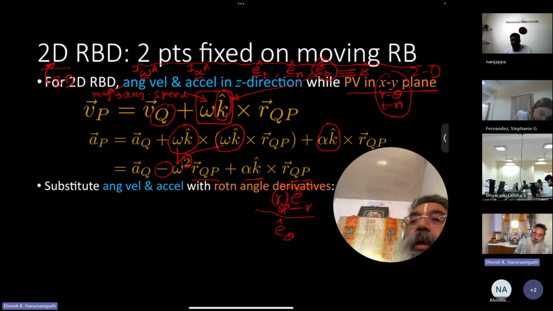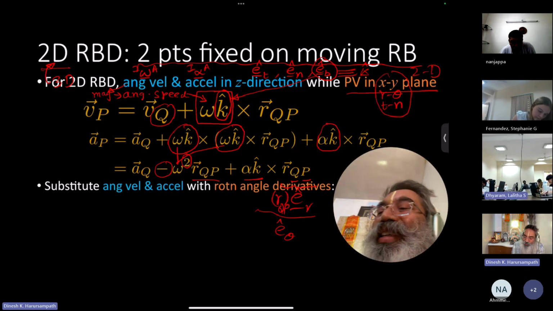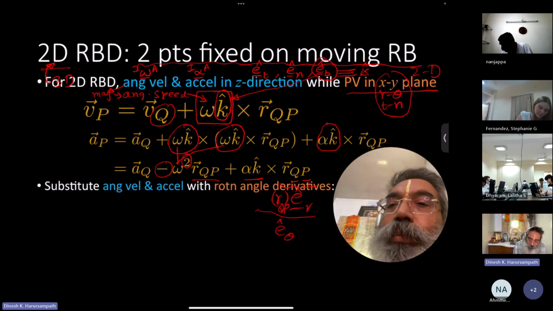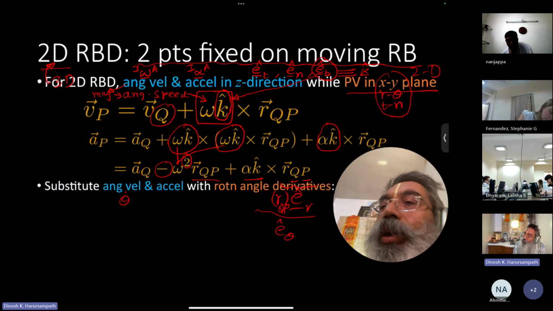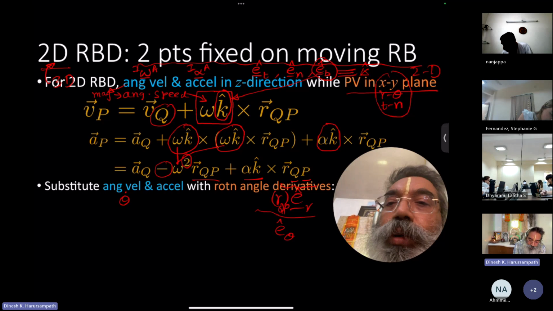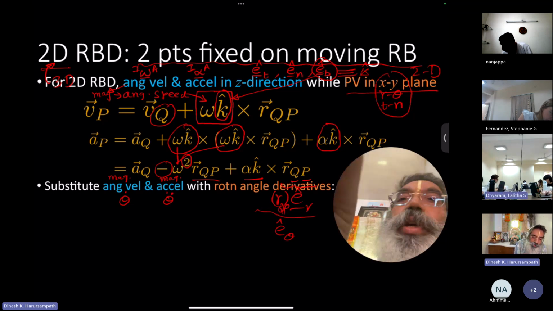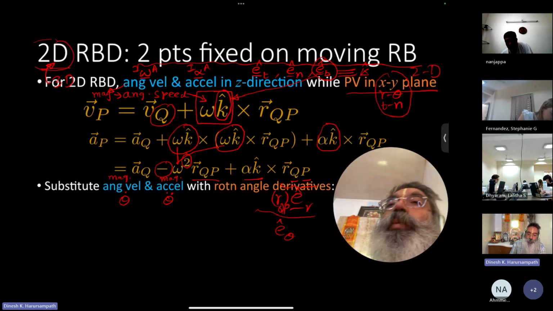Now suppose we substitute the angular velocity and acceleration with respect to theta. We know that angular velocity is nothing but theta dot. We're talking of the magnitudes. So the magnitude of angular velocity and the magnitude of angular acceleration become theta dot and theta double dot, because we are dealing with a 2D problem over here.